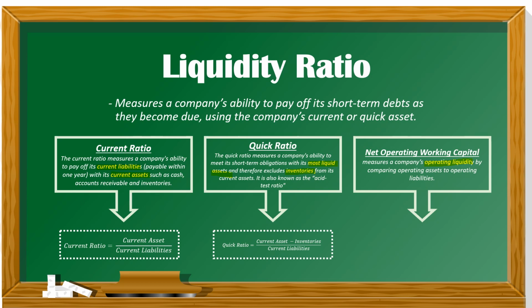From the word operating, meaning to say we are considering here the current assets and the current liabilities. The formula: net operating working capital is equal to the operating current assets less the operating current liabilities.